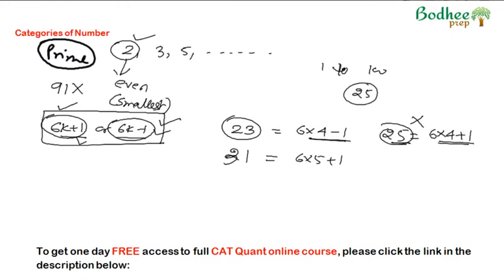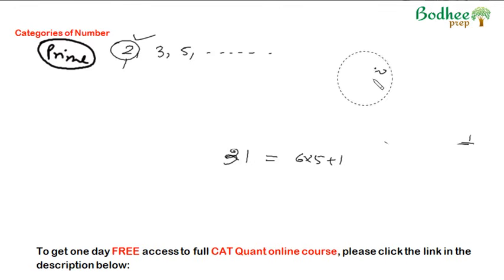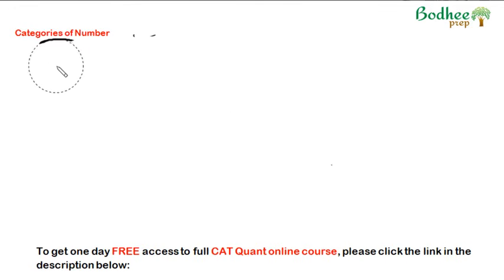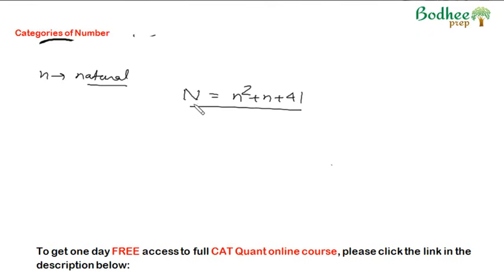If I ask a question, let me just write the question here. Suppose small n is a natural number, and capital N can be written as n square plus n plus 41, right? And if I ask you to comment about capital N, whether it's a prime number or a composite number, I'll just take a pause for some time.